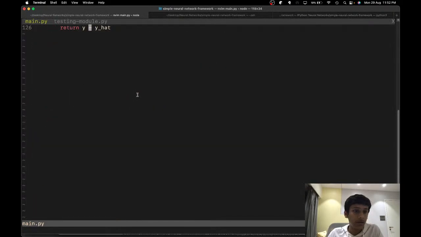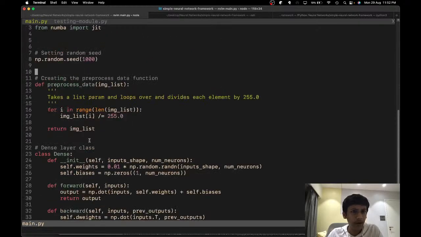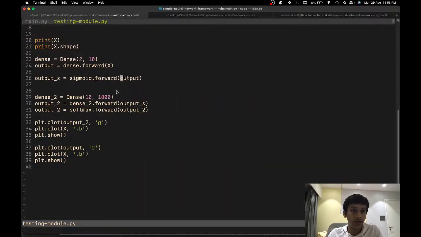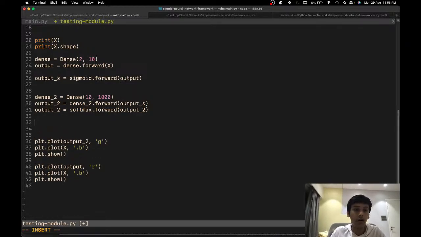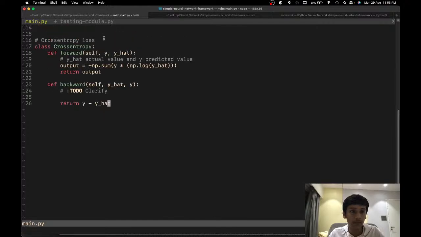So as you can see, this is just 126 lines of code, but pretty complicated code. And if you guys want, you can put it into the testing module and get the loss. So we can do loss is equal to categorical, actually, was it categorical cross entropy or just cross entropy?